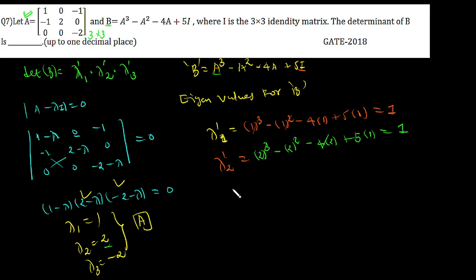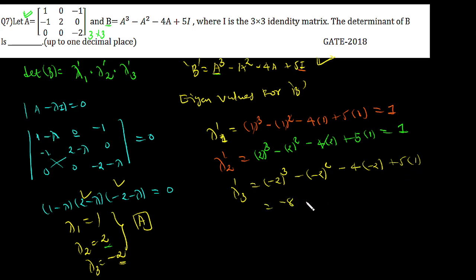Now let's find the third eigenvalue for matrix B, which is lambda 3 dash. Let's use negative 2, because it is the only remaining entry. Let's replace A with negative 2 in this equation, because B has this relation with A. So I can write minus 2 cube, minus minus 2 square, minus 4 times minus 2 plus 5 times 1, and let's simplify it.